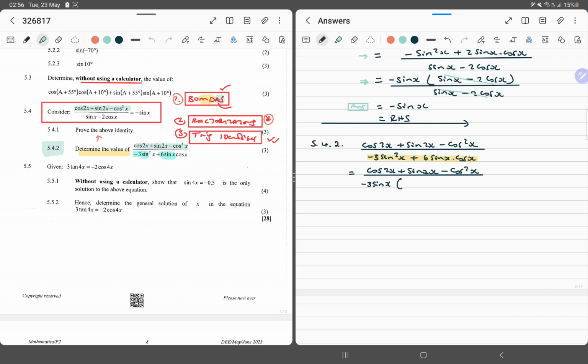So if we take the minus out, what remains is sine x. Now that one becomes minus, this one becomes 2. No, sine x is out, so all we're left with is 2 cos x, is it not?